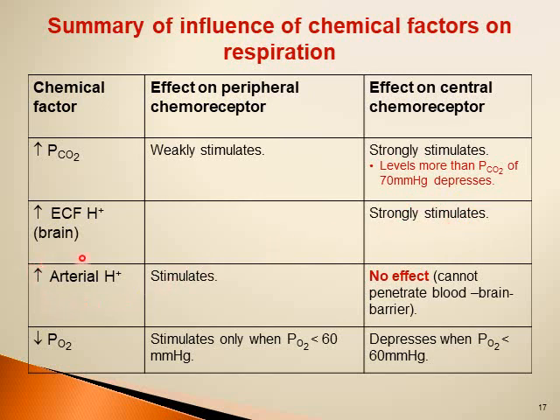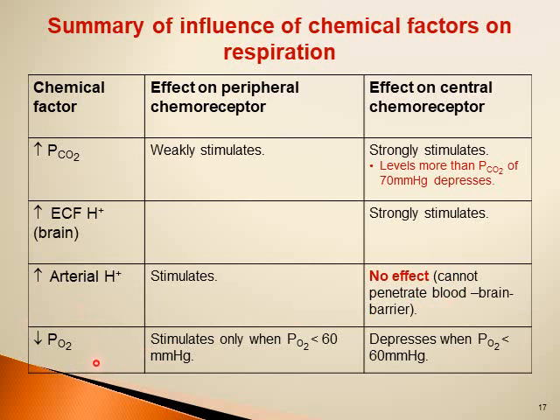An increase in arterial hydrogen, like in cases of acidosis, will stimulate the peripheral chemoreceptors but has no effect on the central chemoreceptors because, as I said, hydrogen cannot cross the blood-brain barrier.